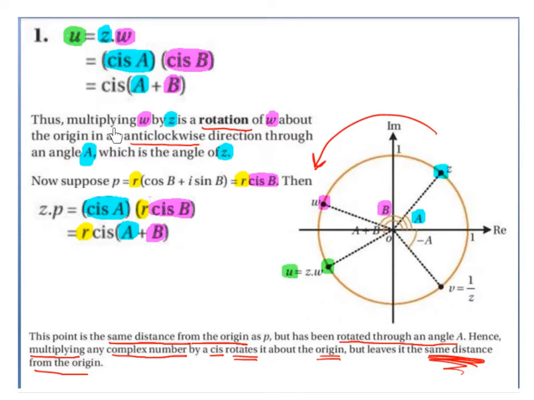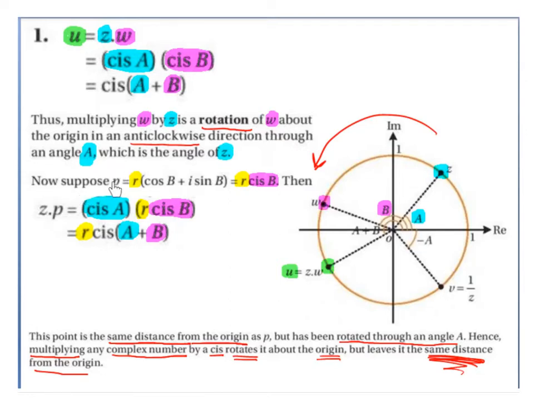Thus, multiplying w by z is a rotation of w about the origin in an anti-clockwise direction through the angle A, which is the angle of z. So multiplying the complex number w by the complex number z rotates w about the origin in an anti-clockwise direction through the angle A, which is the angle of z.